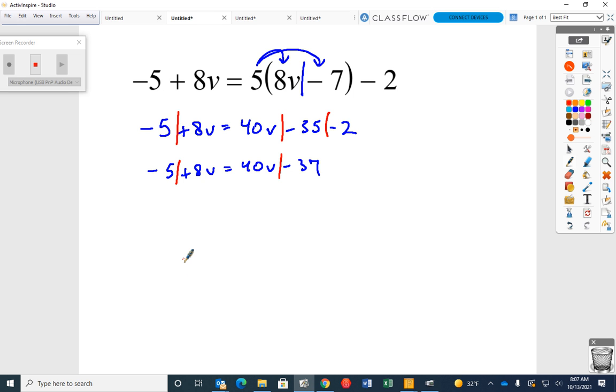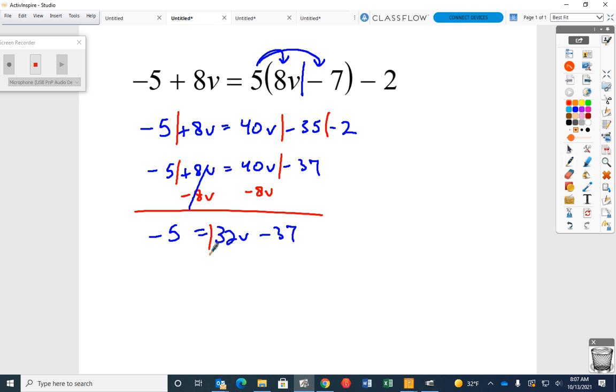That's why we do that. Okay? So I'm going to take away 8v from here and take away 8v from here. Okay, so I have negative 5. What happened to these? They zeroed out. What is 40v minus 8v? 32v minus 37.